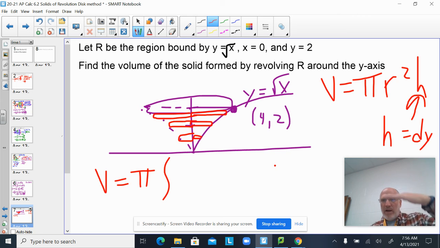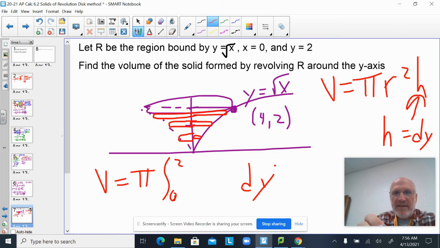My disks are on top of each other, so I am summing up disks that go from y equals 0 up to y equals 2. So it's the y values, everything from y equals 0 to y equals 2. Don't go from 0 to 4 with x's because I'm stacking them this way, so the y's go from 0 to 2. I've got my dy here.